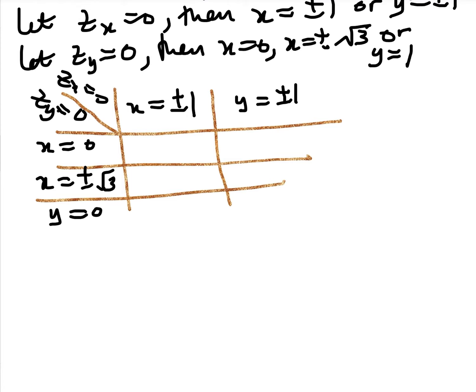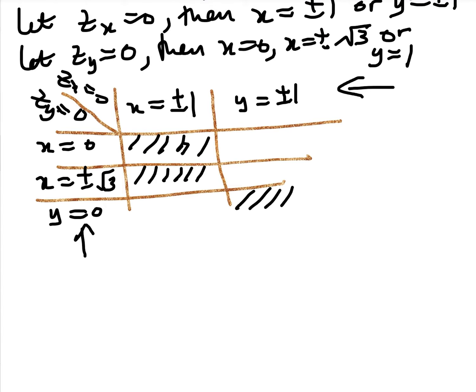It's clear you can't have x values from the horizontal scale being paired off with x values on the vertical scale, so you will not get this scenario or that scenario, and you can't get y values from the horizontal scale being paired off with y values on the vertical scale.